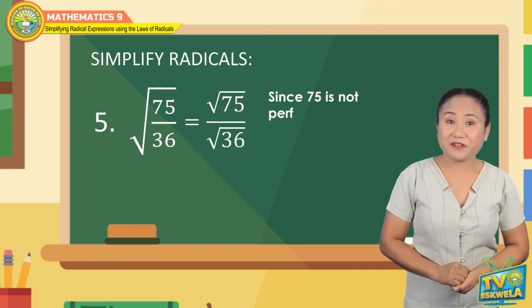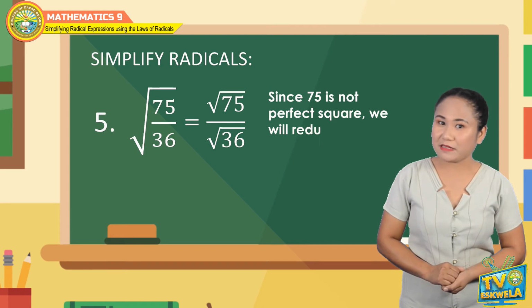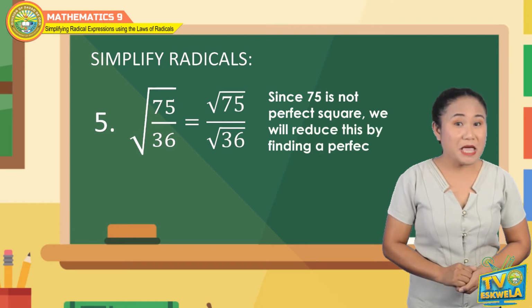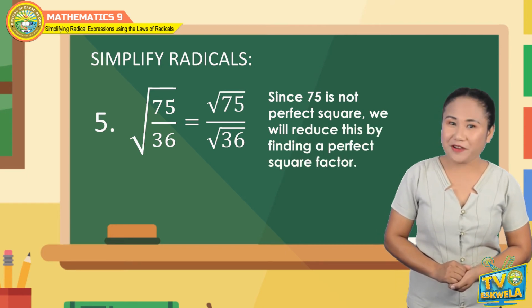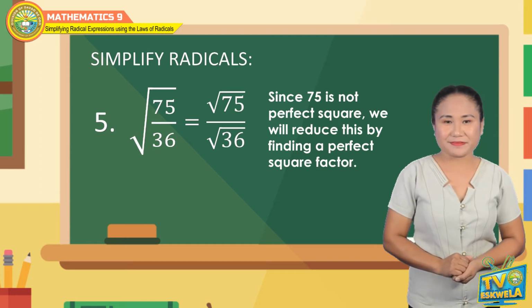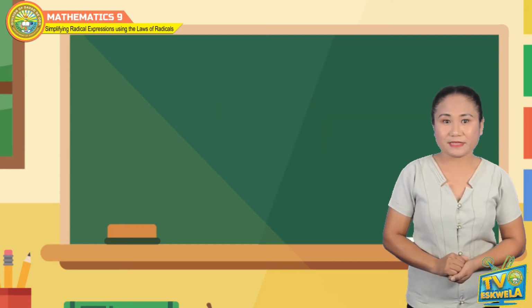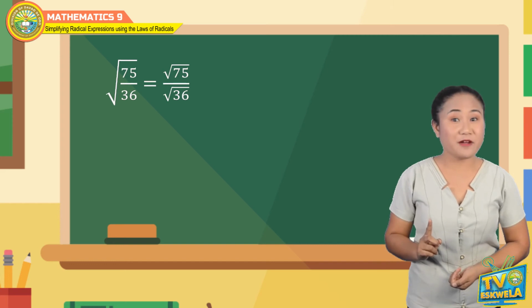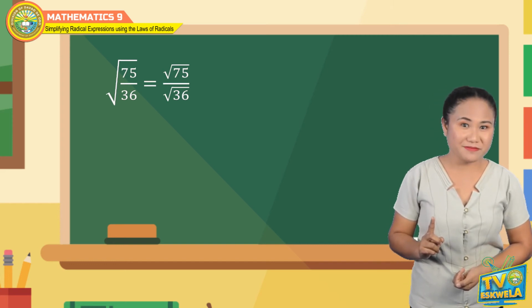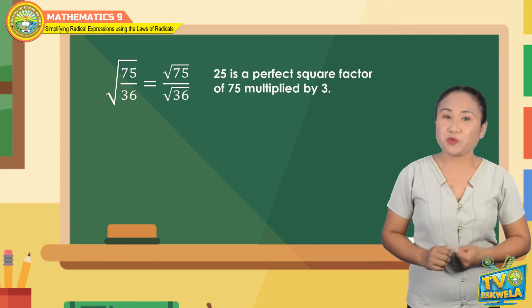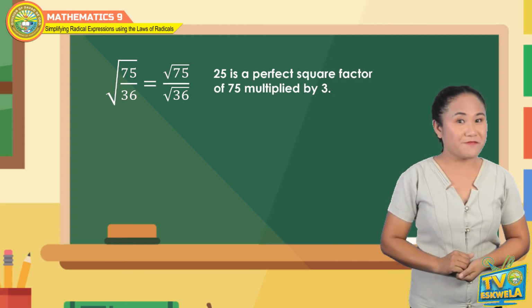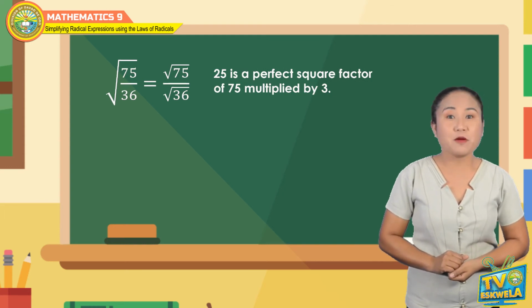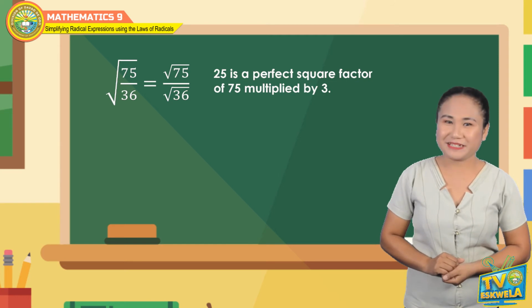Since 75 is not a perfect square, we will reduce this by finding a perfect square factor. Can you find the perfect square factor of 75? Yes! 25 is a perfect square factor of 75, multiplied by 3.